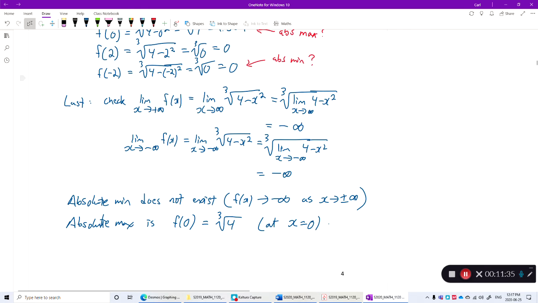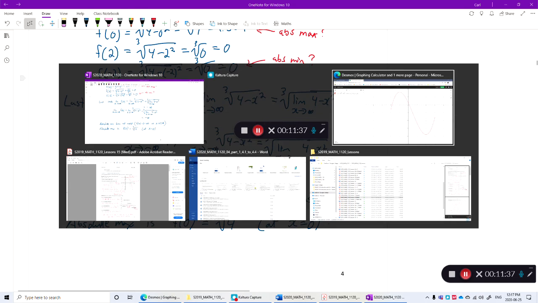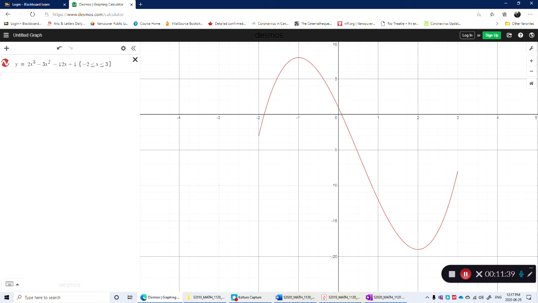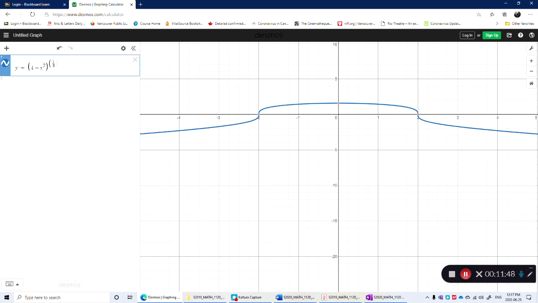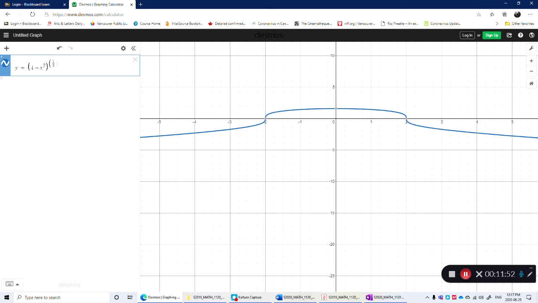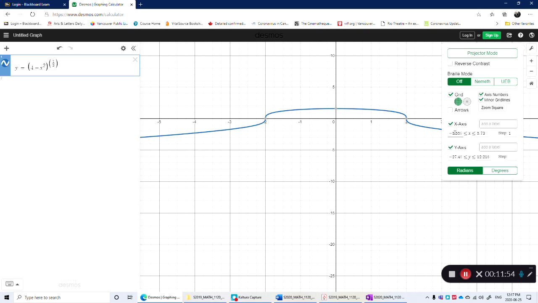Great. So let's double check that with Desmos. Let's make sure we've got everything right. So what is it? F equals 4 minus x squared to the power of 1/3. So it's a cube root. Okay, so looks like we got it, but let's actually make this a little bit nicer looking.